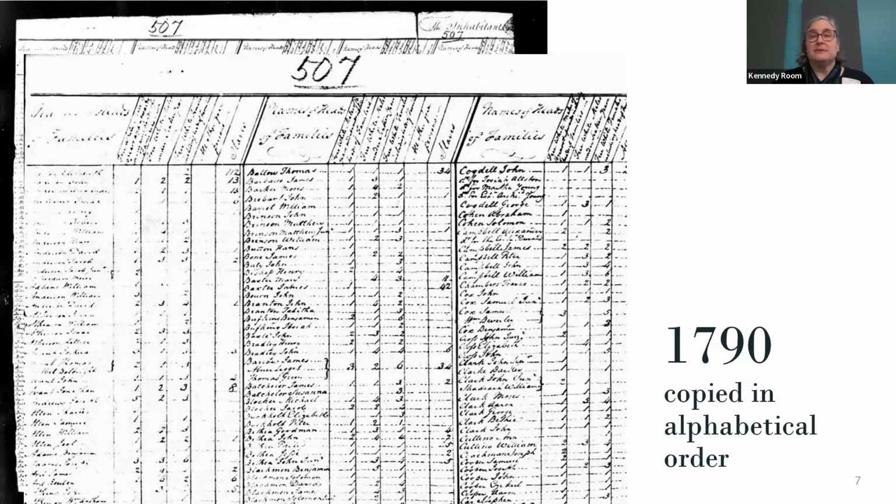And people were supposed to double check that the count for their household was correct. There was no real worry for people, because it was just the name of the head of household and some demographic text.